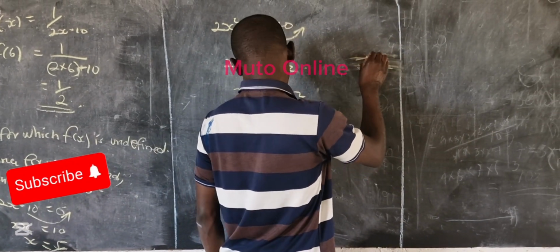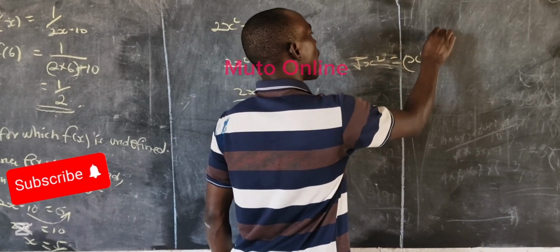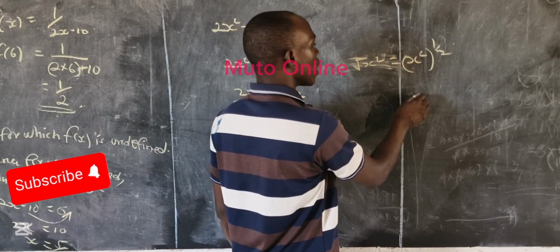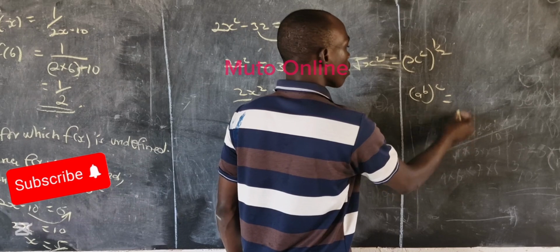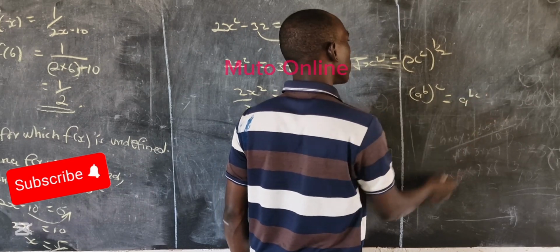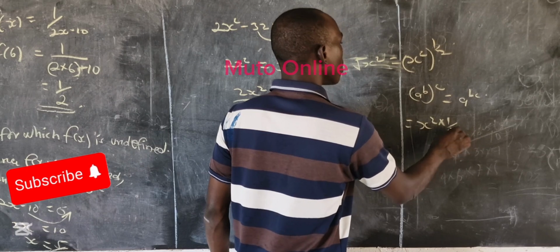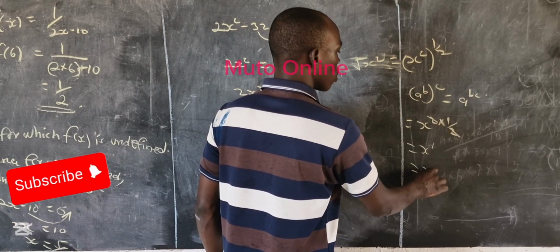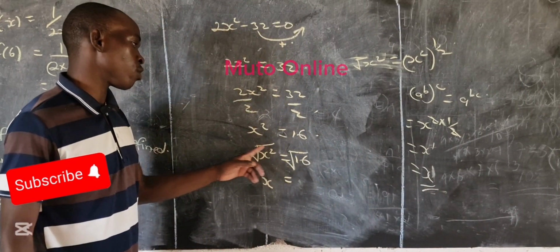So that means if I have root of x squared, it is the same as having x squared again raised to power half. And from indices, you realize that if I have a raised to power b again raised to power c, the powers will multiply themselves and you have a power bc. So that means x squared again times a half. You see that these two will reduce, and then we have x power 1, which is equal to x mathematically.